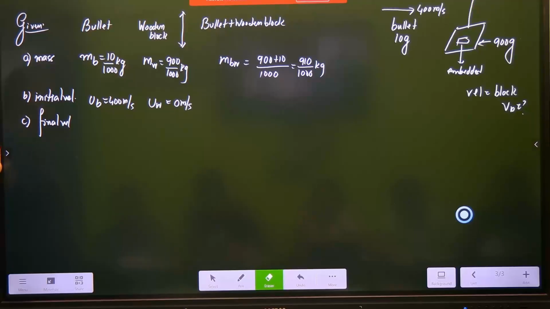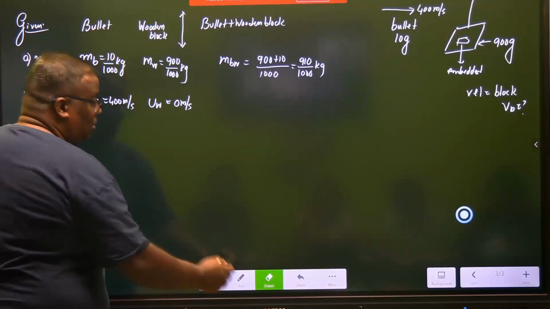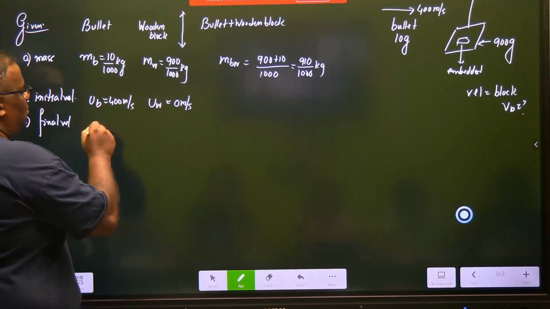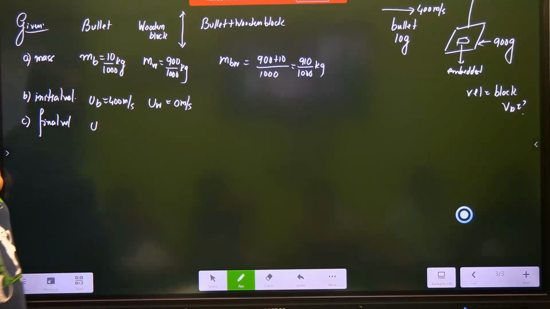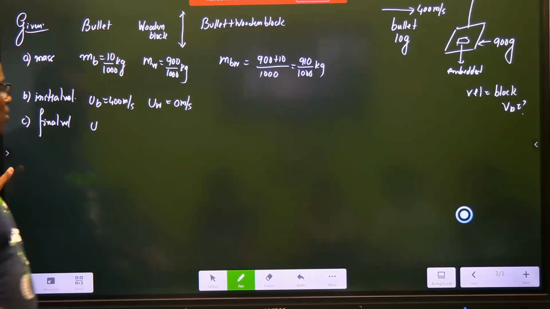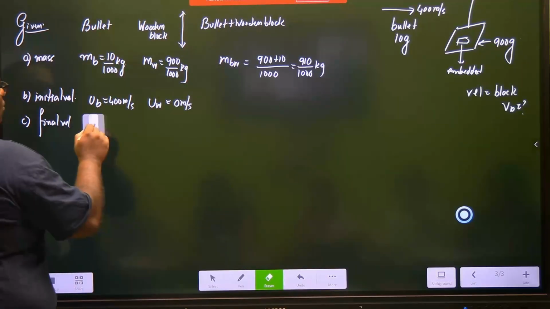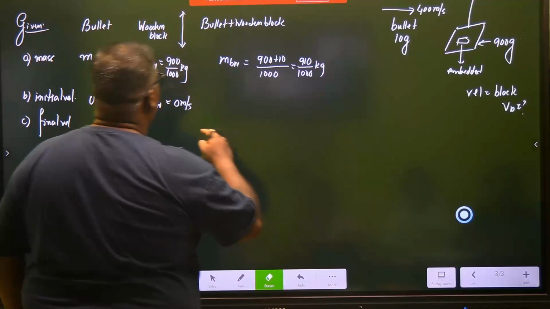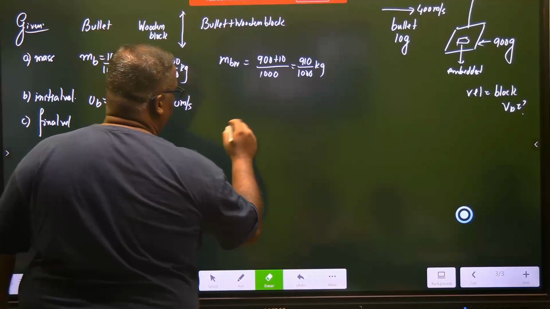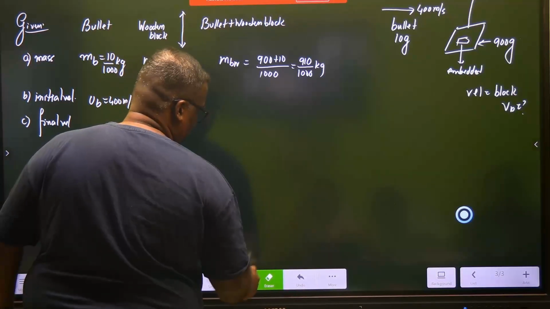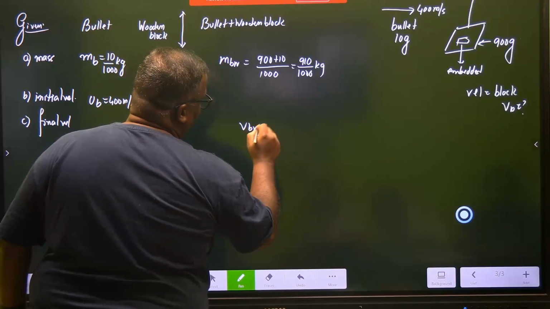Yes, because it gets embedded, there is no question of something called final velocity of the bullet. We will not write anything for the final velocity of the bullet. We will just write the final velocity of the combined system, VBW. This we don't know.